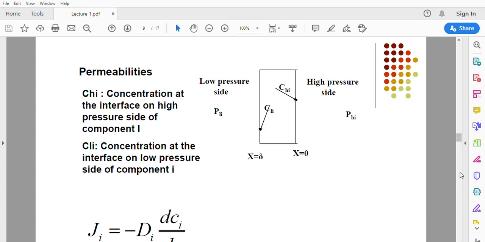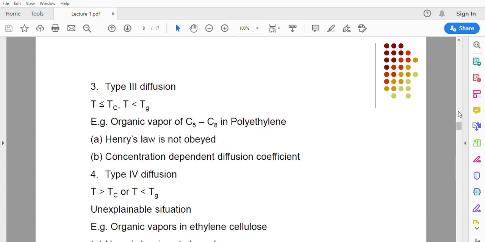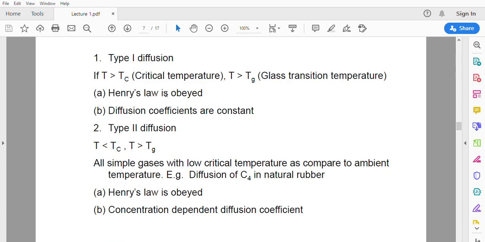So we will calculate the permeabilities for the first two conditions. First condition is when you can use Henry's law and diffusion coefficients are constant, and second condition is when you can use Henry's law and diffusion coefficients are concentration dependent.